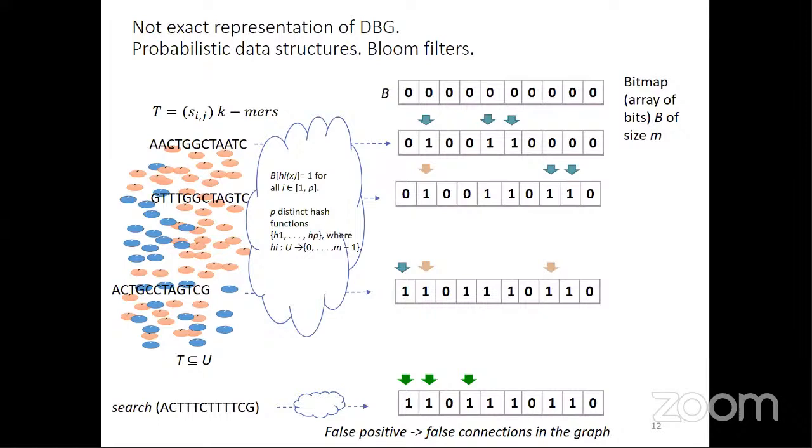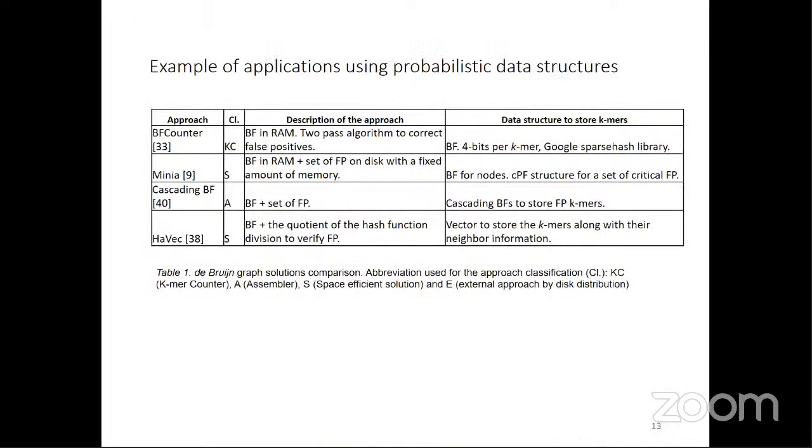Recent works are focused on how to minimize the set of false positives using some structures. In table 1, it is possible to see some approaches focused on reducing and storing the set of false positives in Bloom filters.